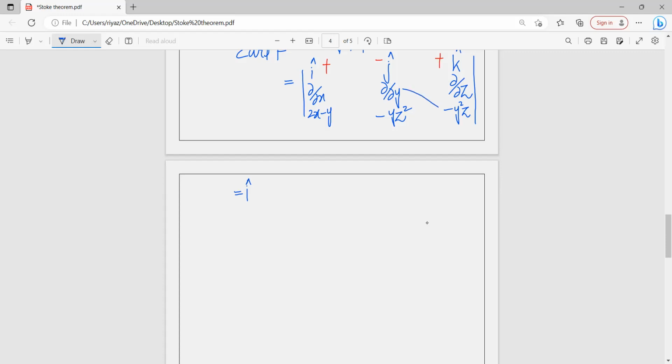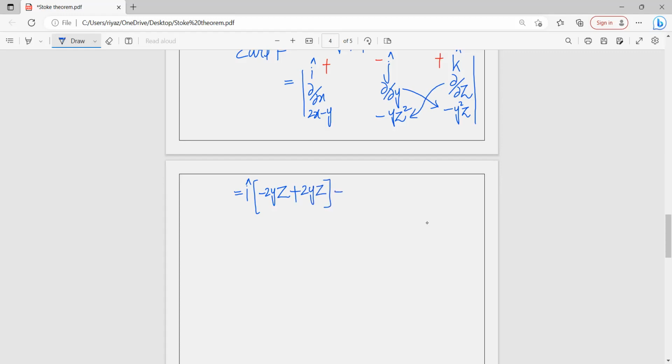With respect to y, minus 2y, where does z go? 0. With respect to z, z square is 2z, so minus 2yz, minus into minus is plus 2yz.